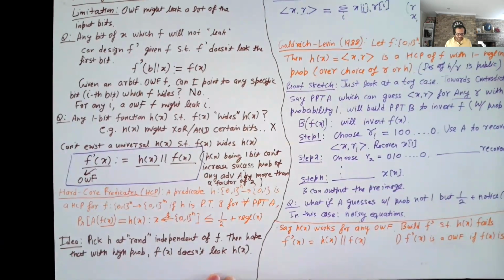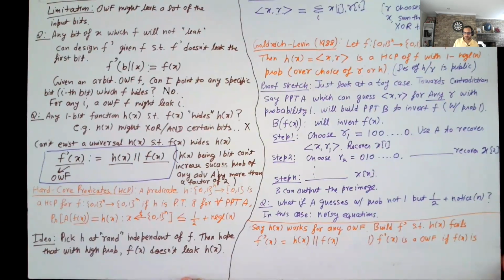Okay? And this is not completely trivial, right? Because f of x guarantees that given f of x, you cannot compute x. But maybe given f of x and h of x, maybe somebody can compute x, right?